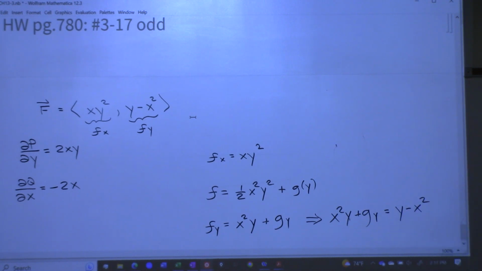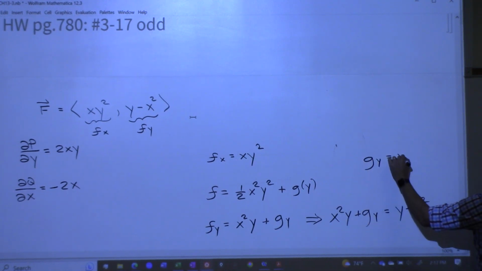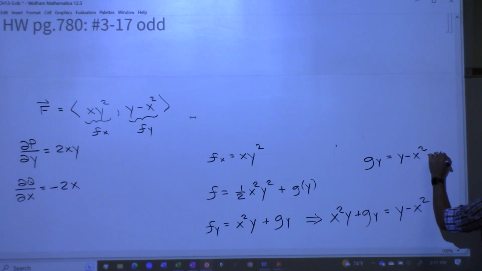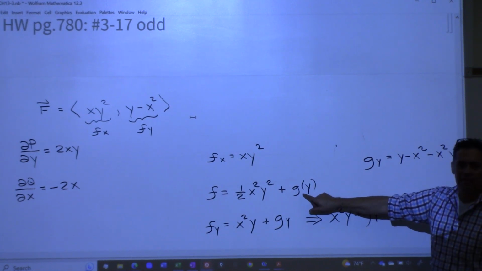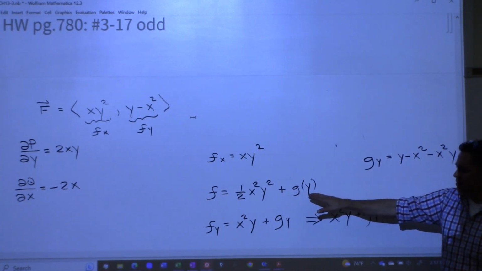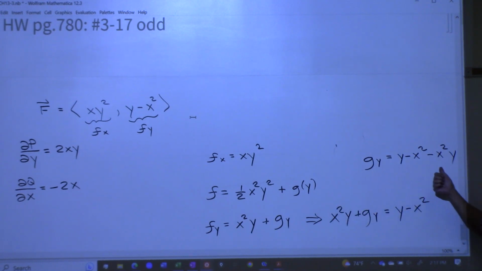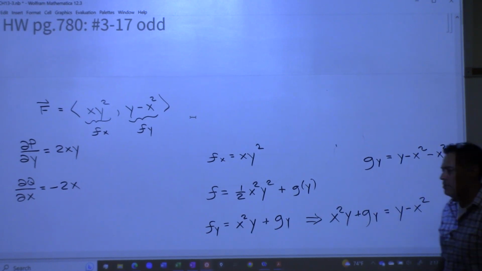And there's nothing you're going to be able to do, because if you try to solve for this, nothing goes away, so you get partial of g with respect to y is y minus x squared y. So now there are x's in here. But we said g couldn't have x's, it just had y's in it. You've got this contradiction: the way you defined it, g had to be a function of y only, but this shows it would have to have x's in it. So you're done at that point.